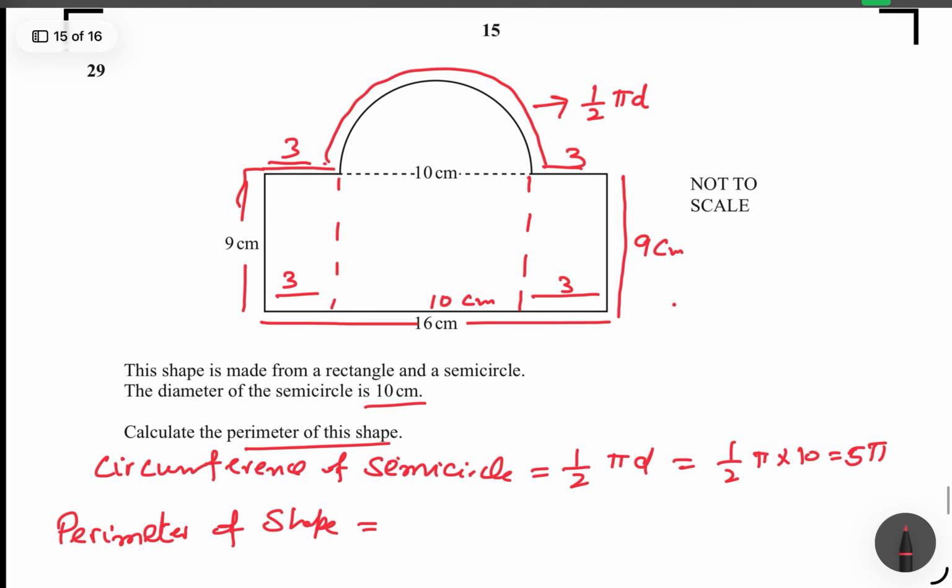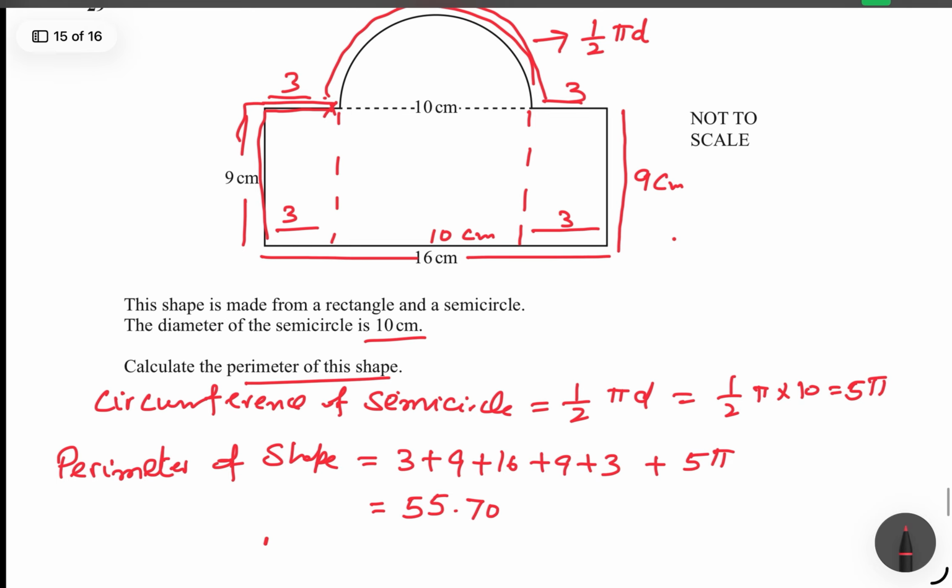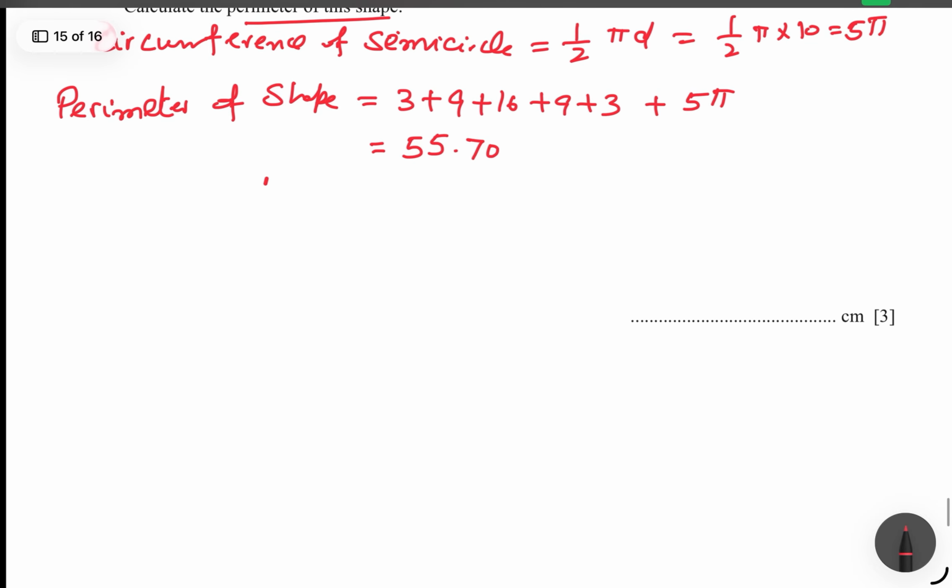We are going to add all of these sides. So it is 3 plus 9, I am starting from this point here. Make sure you add everything. 3 plus 9 plus 16 plus 9 plus 3 plus then the semicircle from here, that is 5 pi. So calculate all of these, and I got 55.70. You can even write 55.7. Centimeters are already given to you, right?